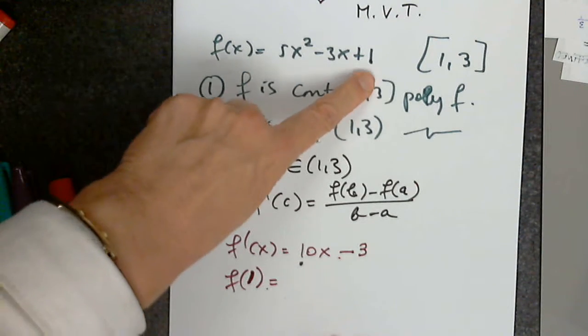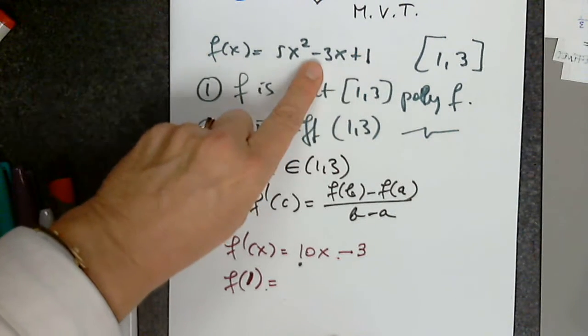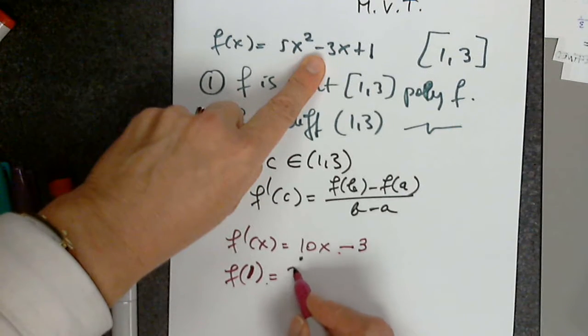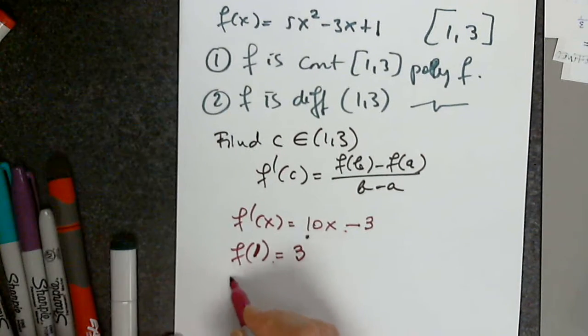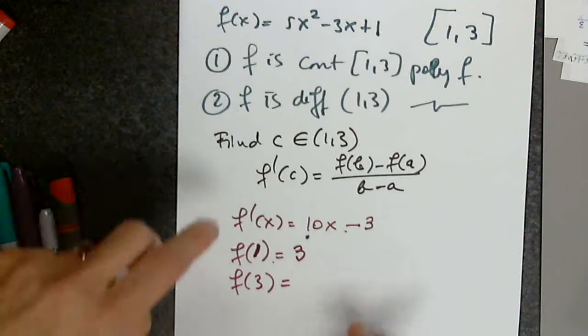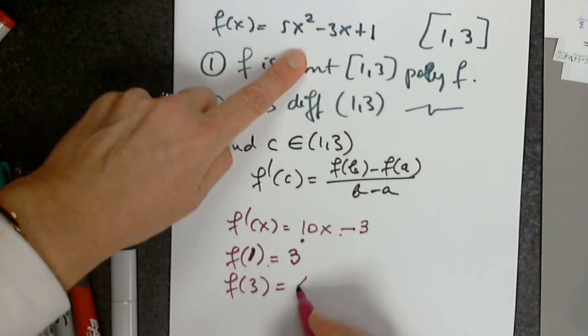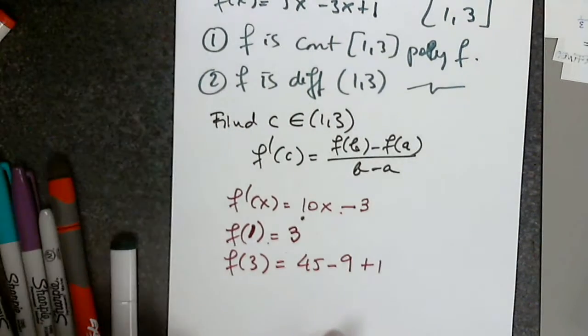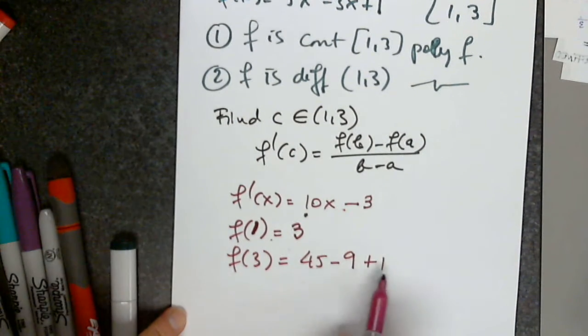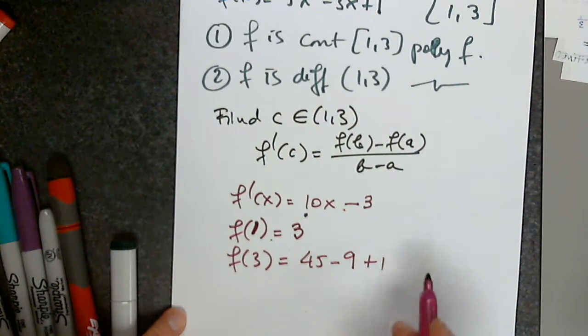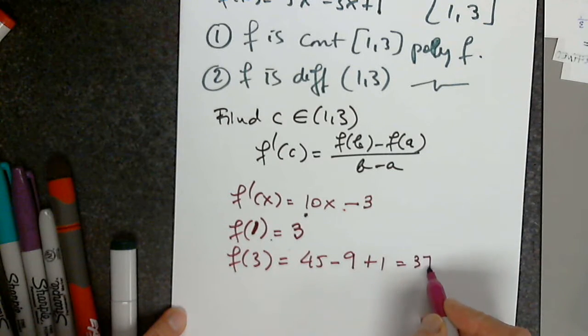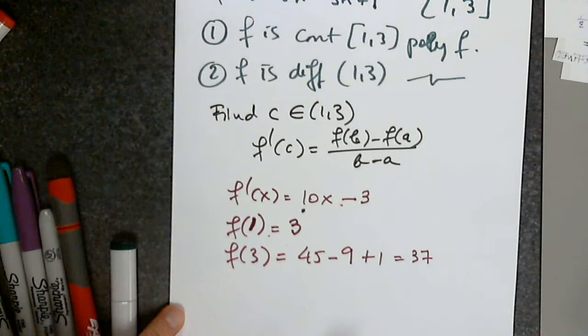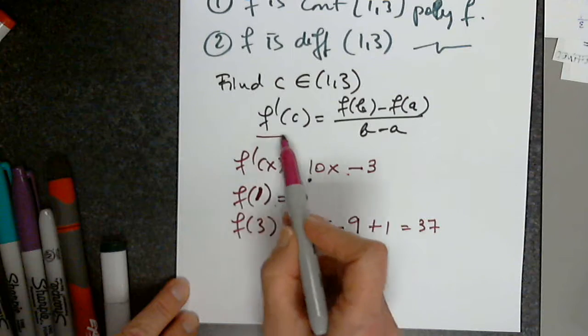So it's 5 plus 1 is 6, 6 minus 3, 3. Now I want f of 3. 5 times 9, 45, minus 9 plus 1. So 46 minus 9. Is it 37? Good.